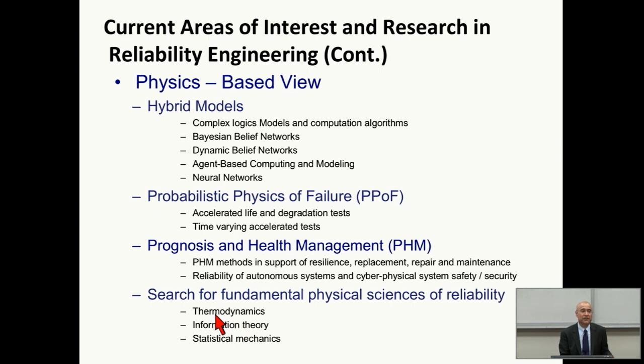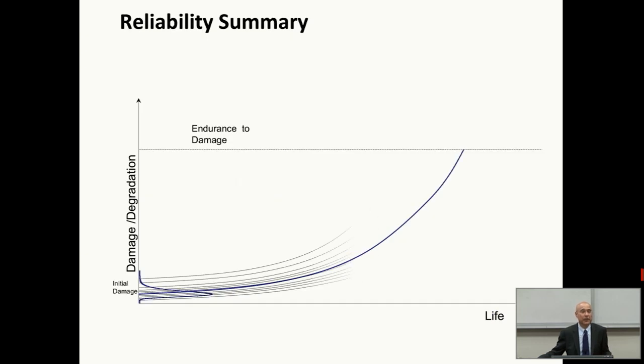The damage itself is larger than that. So thermodynamics has been one area of use, especially the second law of thermodynamics, information theory, and statistical mechanics are three areas of quite a bit of advance. I will again talk a little bit about this.